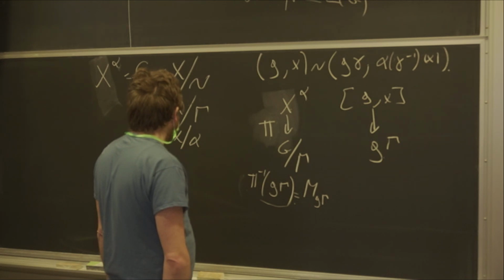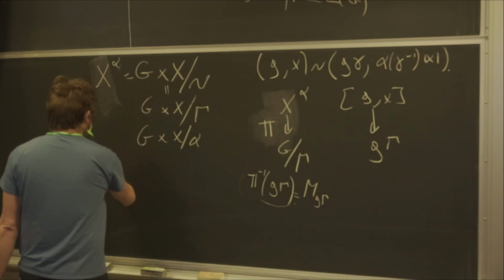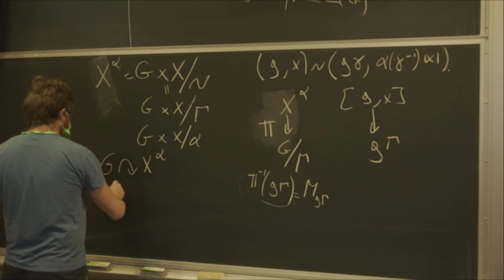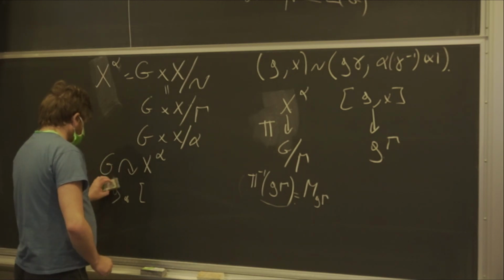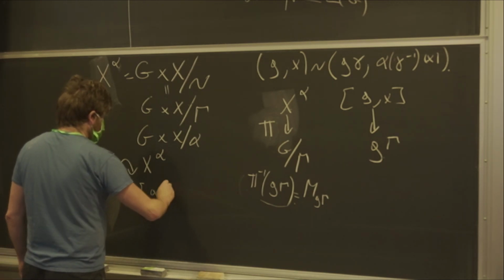Okay. So this is a fibered system. We have a G action on X alpha, and you take G, let's call it A, times Gx.